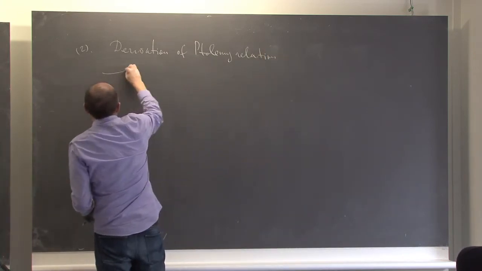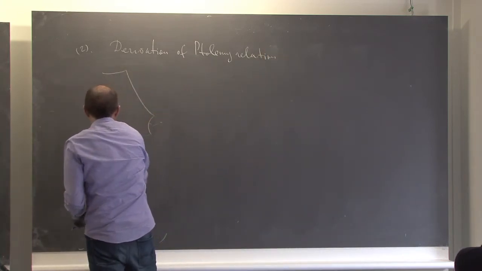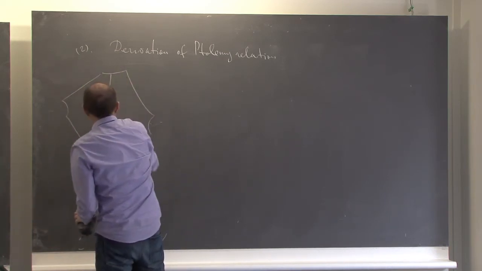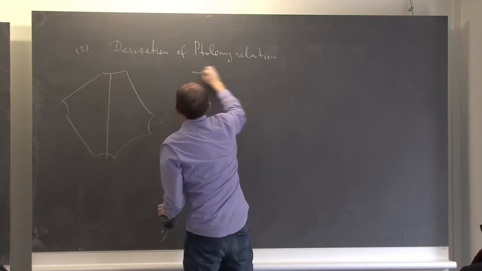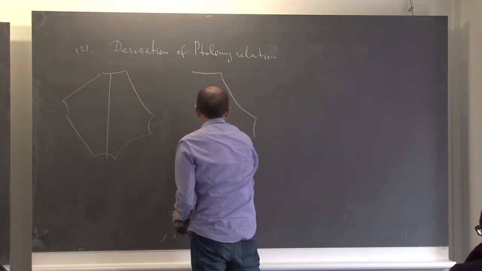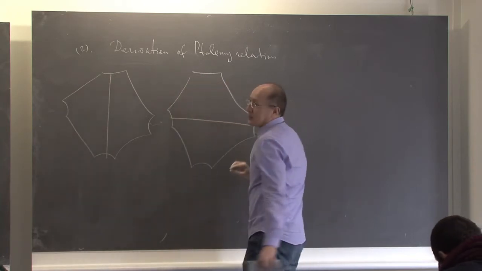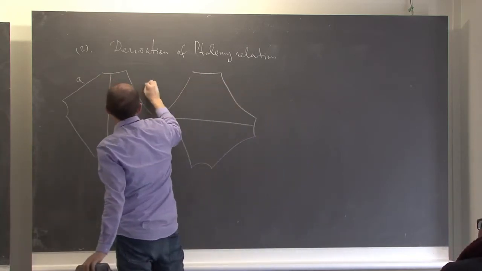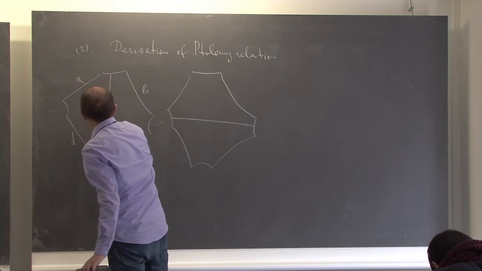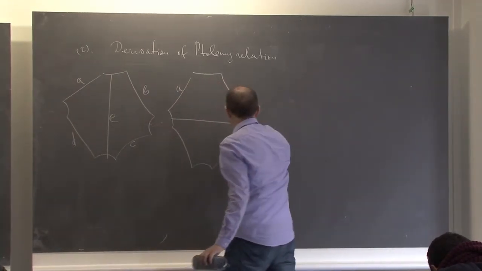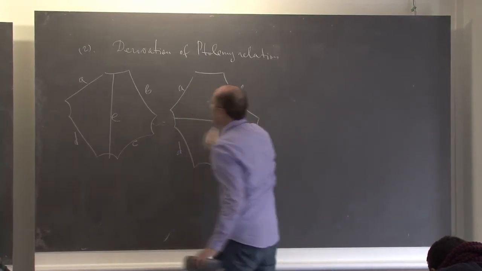What we do, we draw a truncated disk like this, and a truncated disk like this. Okay, we have here positive numbers A, B, C, D, E. We have here A, B, C, D, F.